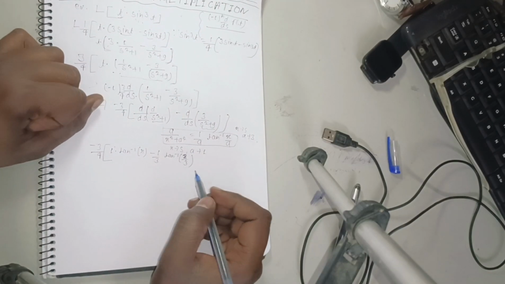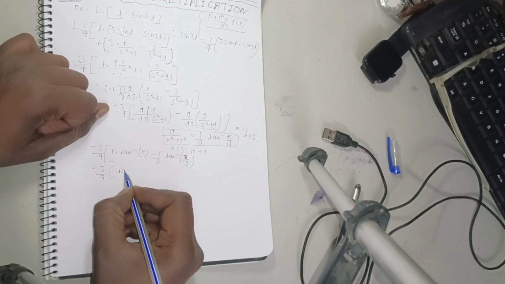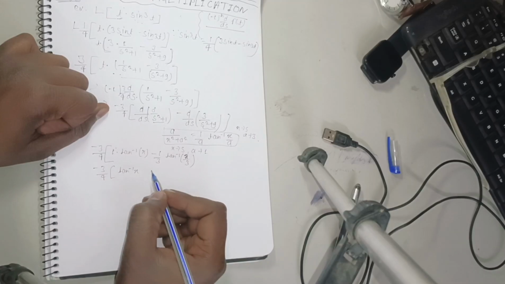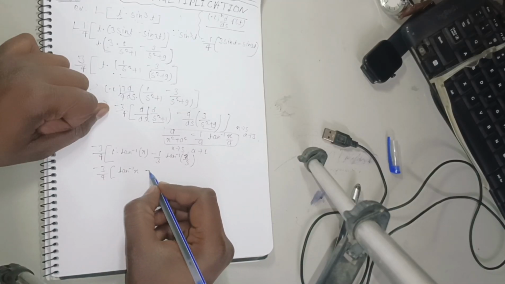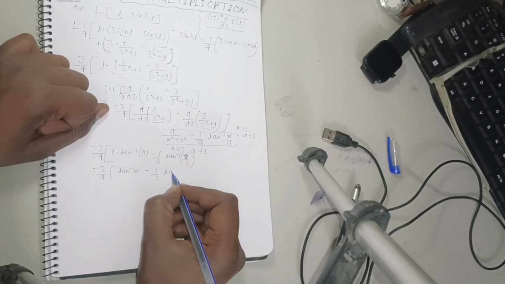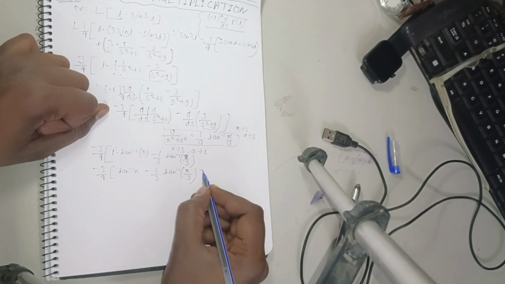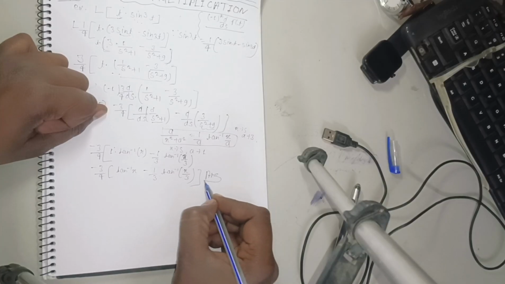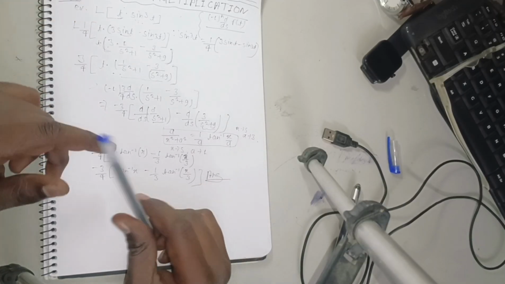I hope we are achieving. So minus 3 by 4 (tan inverse x minus 1 by 3 tan inverse x by 3). Okay, so this is the answer of the question. I can solve it till here only.